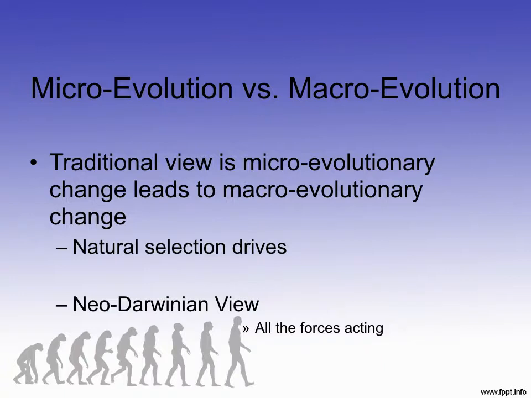There's not enough change to consider that this population has now diverged into a new species. Macroevolution is where enough differentiation occurs in the allele frequencies or trait frequencies to consider that, yes, this is a new species.